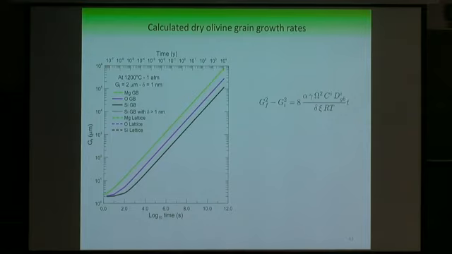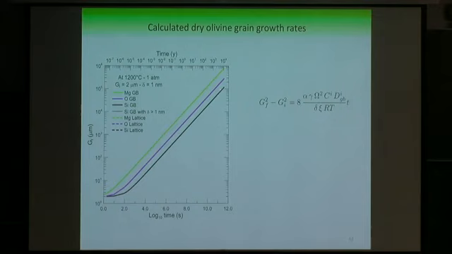So I've re-implemented these diffusion coefficients in the equations that I've presented. So here is the grain growth equation, which is a function of the grain boundary diffusion. And in this plot here, you can see a grain size in micron as a function of time. And as you can see, the grain size increases drastically.